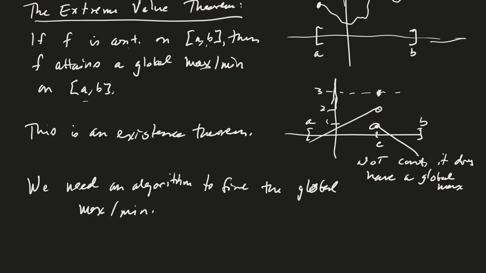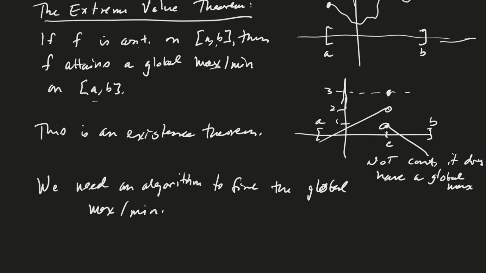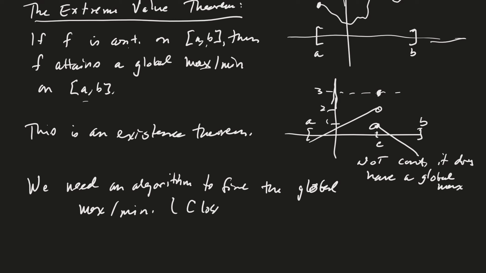By the way, we're going to be looking for local maxima later. Right now we're just focusing our algorithm on the extreme value theorem, or the global max and min. This is going to be called the closed interval method. I think that's what the book calls it. Good. All right.